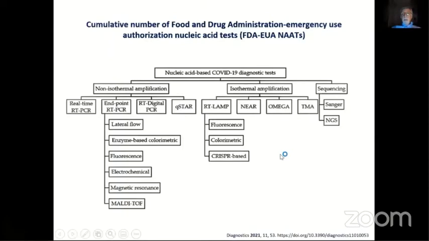We have no time for sure to touch all these points, but you see that this is all the nucleic acid-based COVID-19 diagnostic tests. There is the whole group of non-isothermal amplification with different types of test, from real-time to endpoint PCR, with the digital PCR. But there is also isothermal amplification, in which there is the classical LAMP, and at the end, you may also sequence our sample with Sanger or NGS.